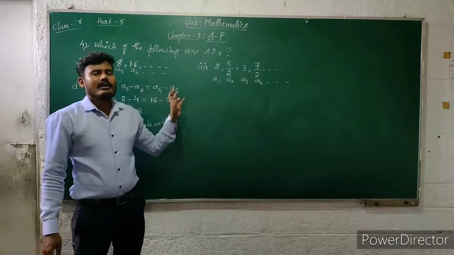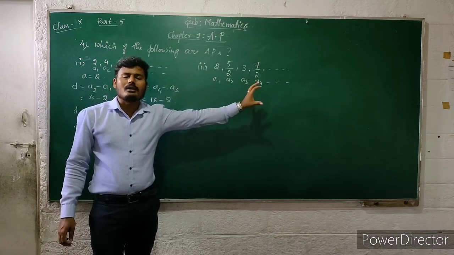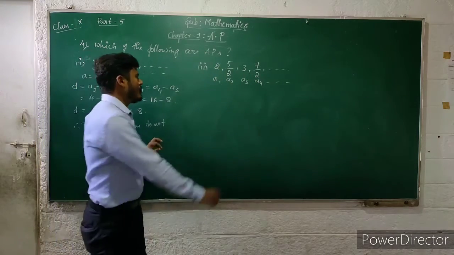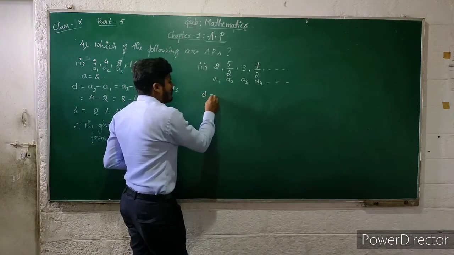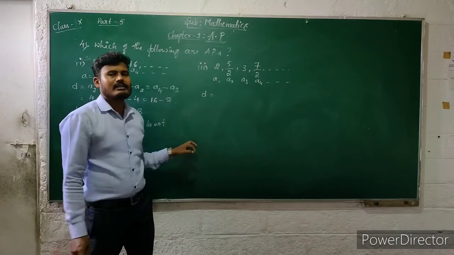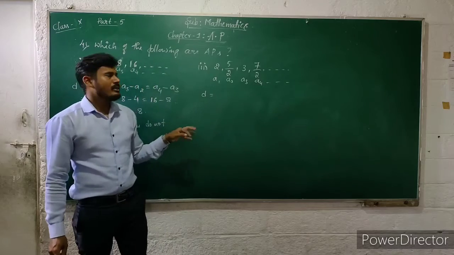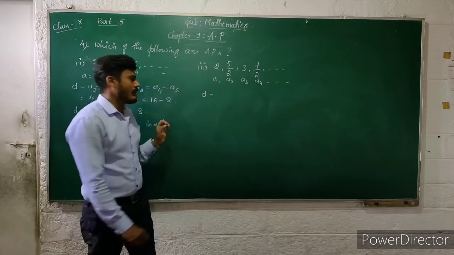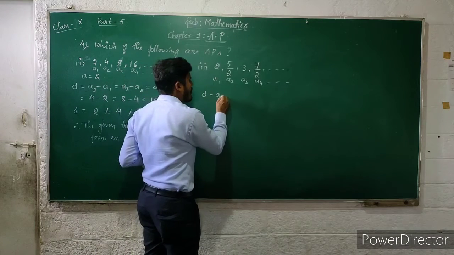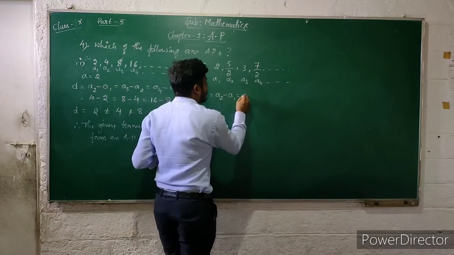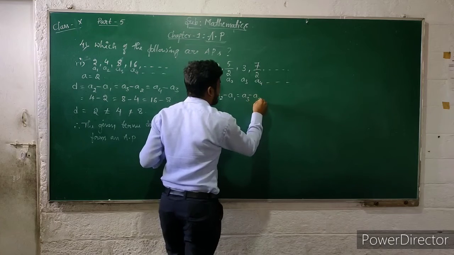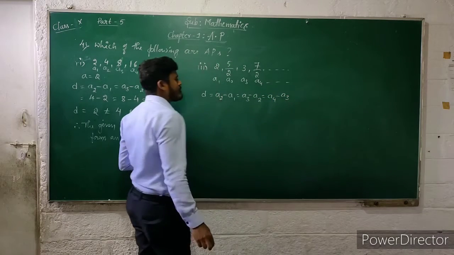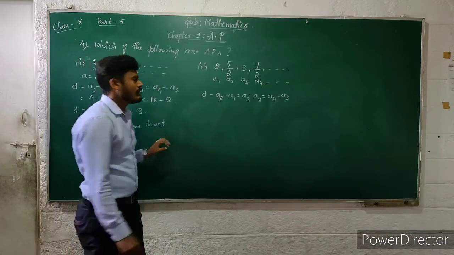These are the first 4 consecutive terms. Now we have to find its common difference first, because we should realize whether the given terms form an AP or not. So d is equal to a2 minus a1, a3 minus a2 and a4 minus a3, because there are 4 terms in the sequence.